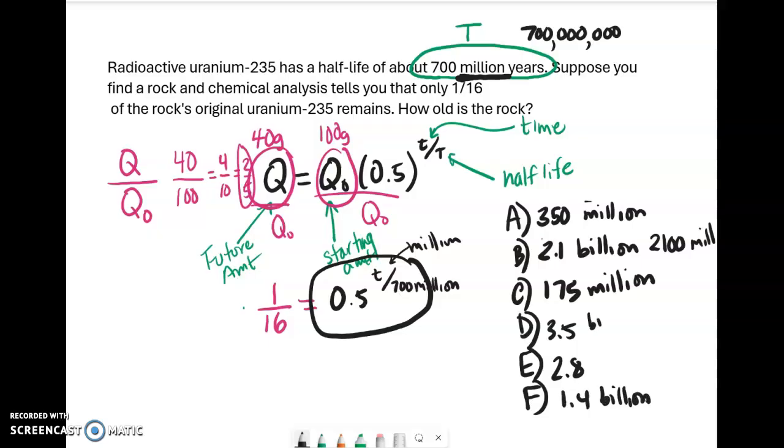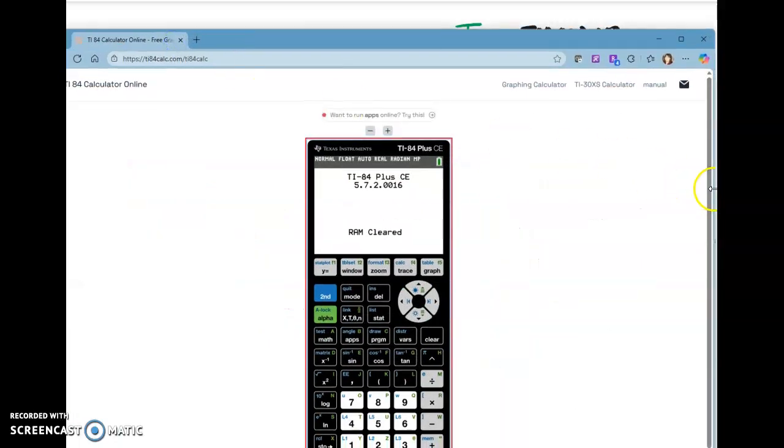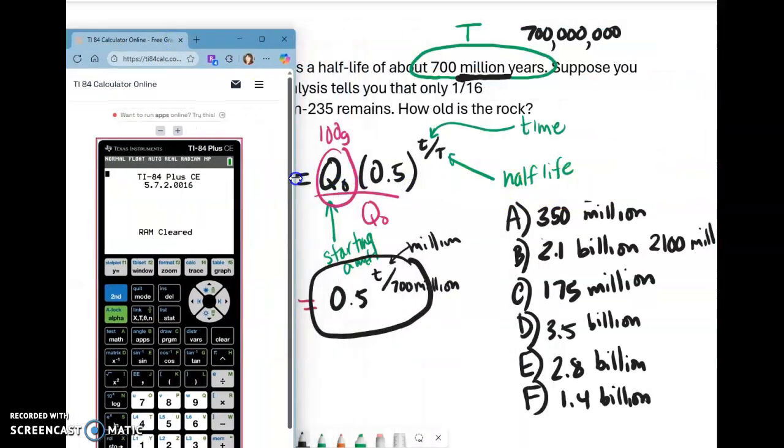All of these in the multiple choice are billion. So now let's grab the calculator and see what we can do. I'm going to put it off to the side.